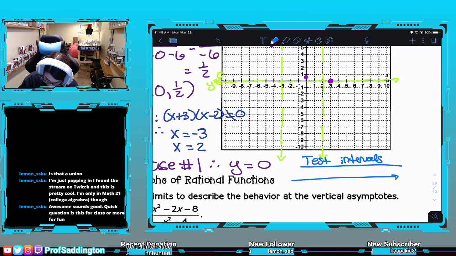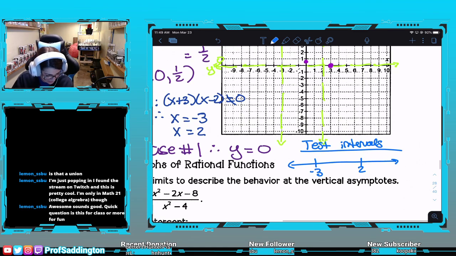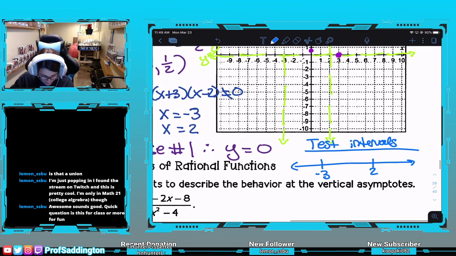And again, I'm going to use those asymptotes. So we have negative 3 and 2. And we've got to pick points that are before, between, and after. We can't pick exactly those because we already know it's going to be undefined. So let's say I'm going to test negative 4 on the left, okay?